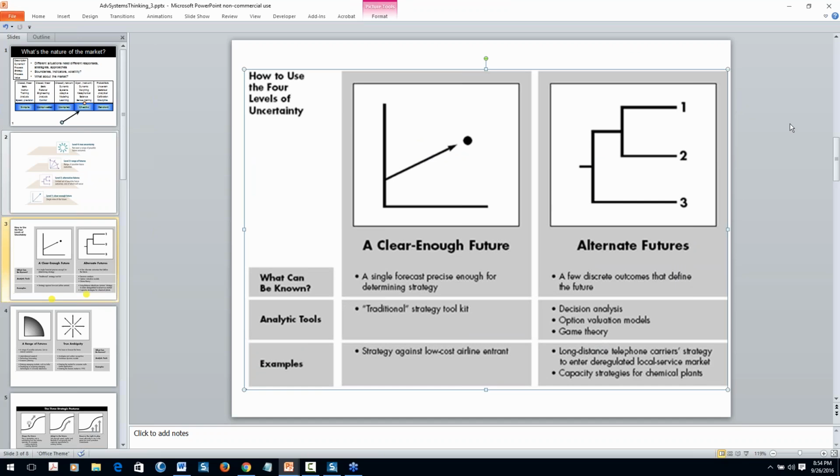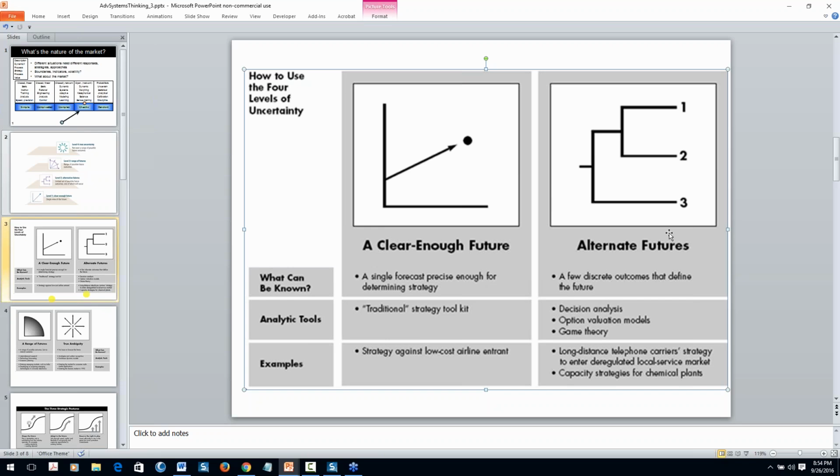So to go one level deeper then, we would say that in clear futures, you really just need a single forecast with enough precision to determine the particular strategy that will get you to your carefully defined objective point. And so traditional strategies are usually okay. And then an example might be which of the precious metals are doing well, or which commodity should be doing the best, or which country or region of the world is doing well, and then stay with the winners.